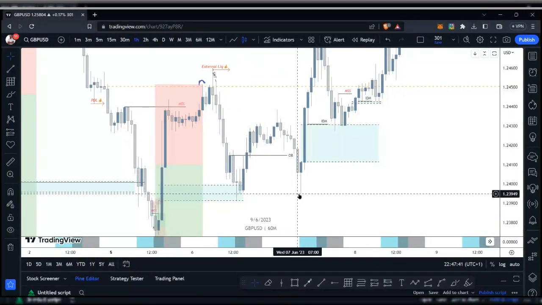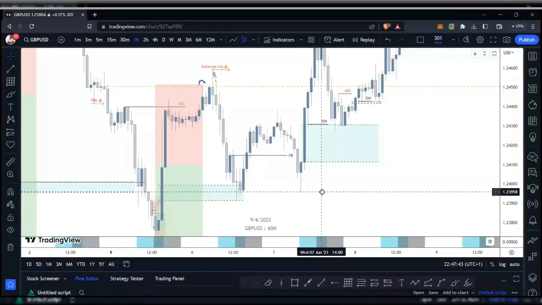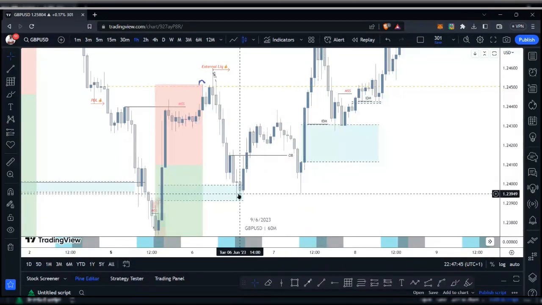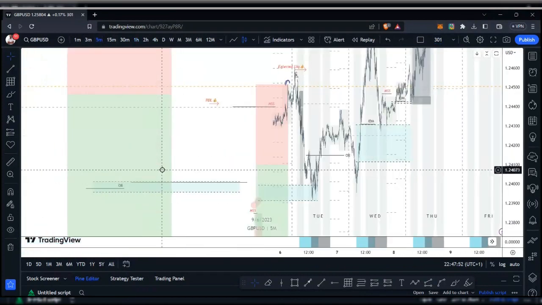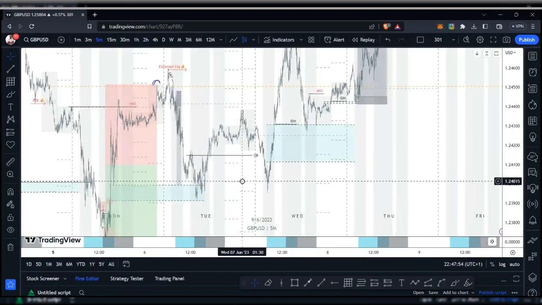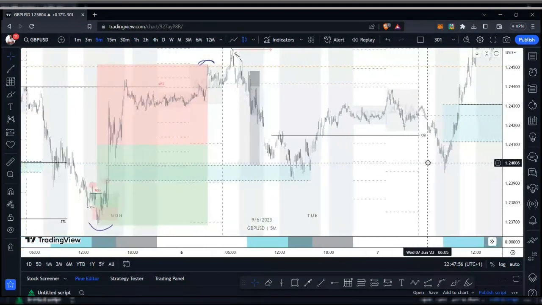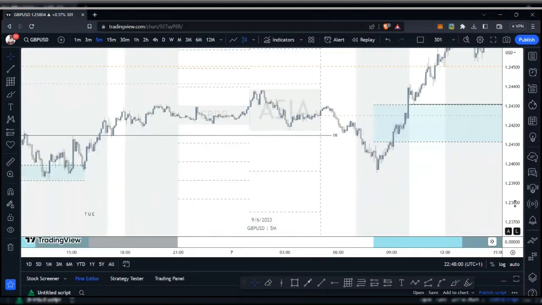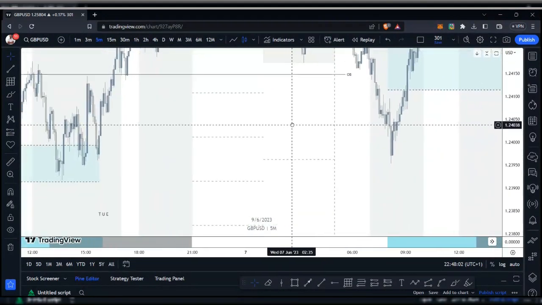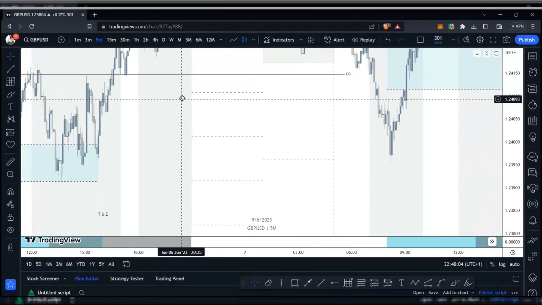Price shifted down and still took this low. I know there are a lot of people who used to do a lot of things at that low. I'm not a fan. I'm a fan of classic, old, rugged market structure. So, Wednesday, we have that.